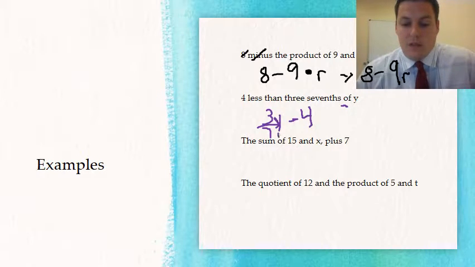So 3/7 is a part of y, so 3/7 y minus 4. The sum of 15, and we're going to go to the other side of the operation, x, comma. Anytime we see a comma, we're going to put parentheses, plus 7.